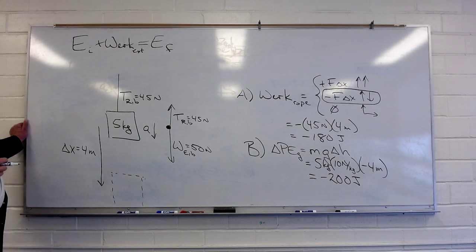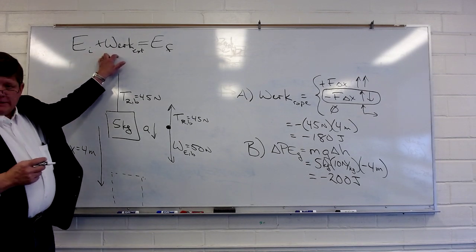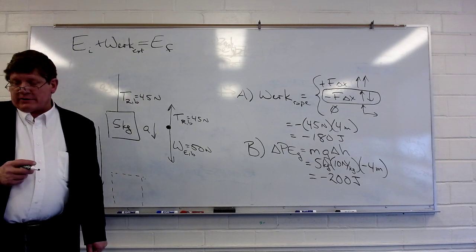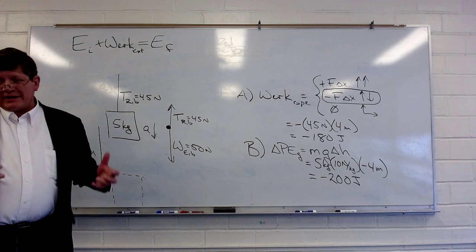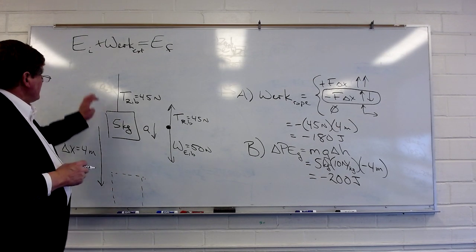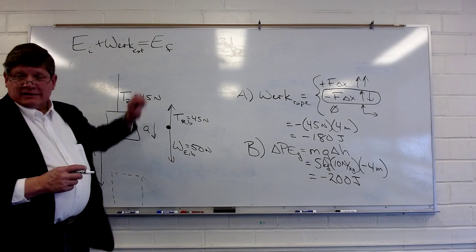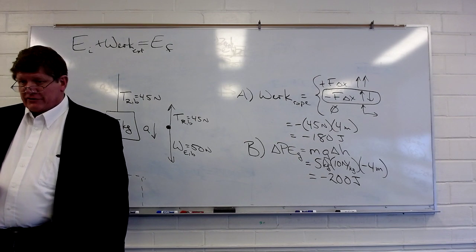Now, this is the most useful form of this equation, but it's not always the right tool to use. Okay, that's the one you'll use most often. But every now and again, you'll find a case where you don't know what the initial energy is, you don't know what the final energy is, and all you really want to know is, well, what's the change?